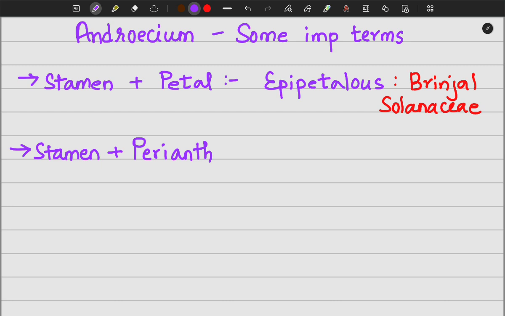So such kind of condition is called a perianth, which is usually found in lily. We studied about it, right? So the term for this condition is called epiphyllous. And the example is lily.